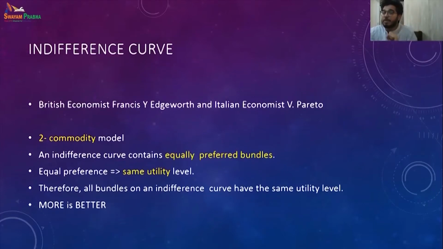What do we understand by the word bundle? A bundle is a combination of several commodities: 5 of A, 6 of B, 7 of C, 8 of D, 2 of E, none of A. It's a bracket where we have different combinations. These are bundles of commodities, and I like this package, right?